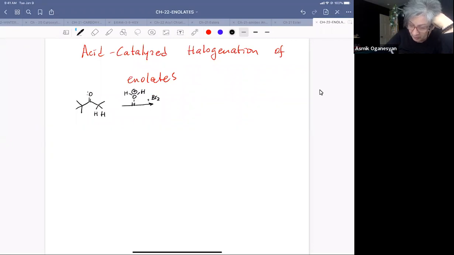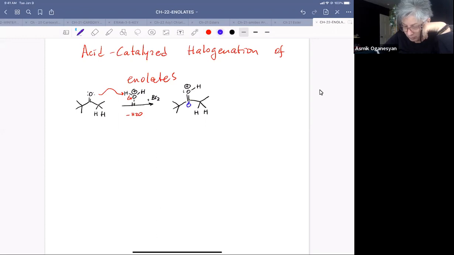In the first step, your carbonyl will pick up the proton. That will make the carbonyl carbon more electrophilic. And as a result, it will withdraw more electron density from the adjacent alpha position.